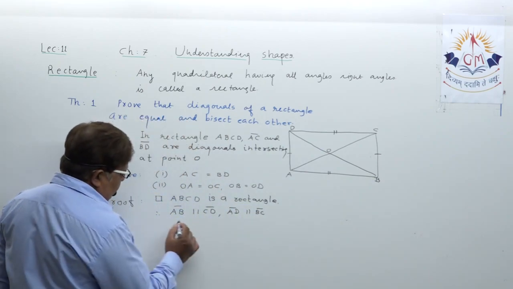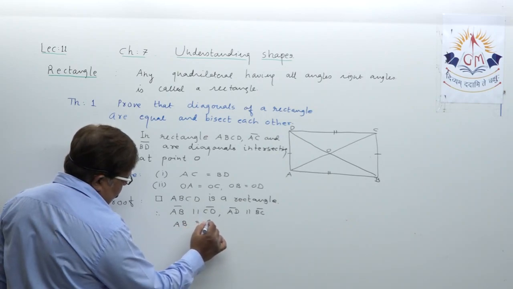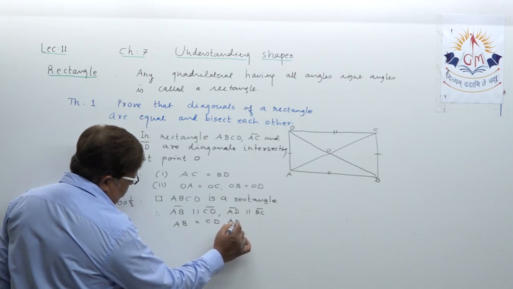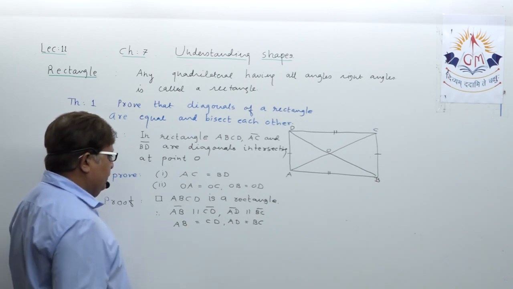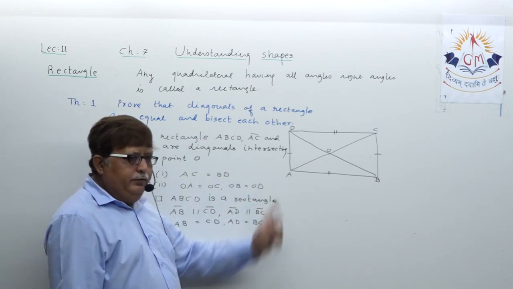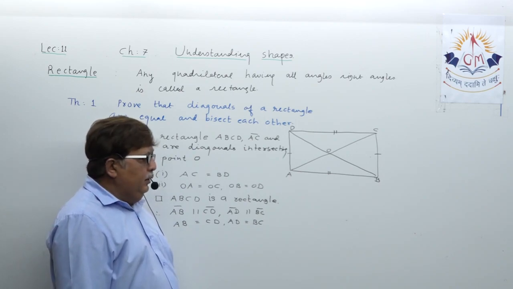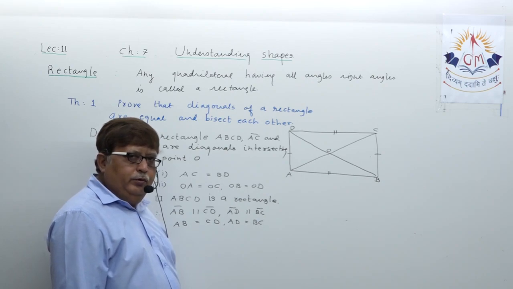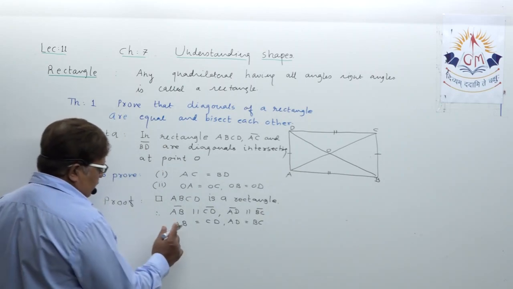So you can mention that AB equal to CD, AD equal to BC. Because this quadrilateral is a rectangle, opposite sides are parallel and congruent.